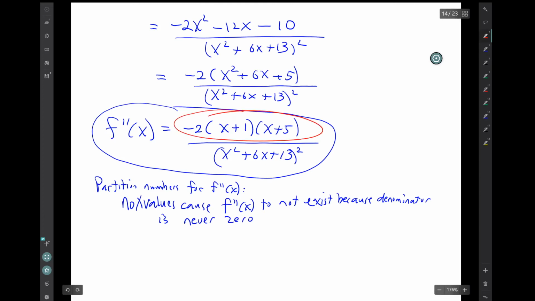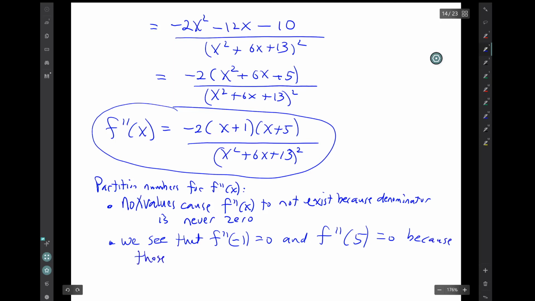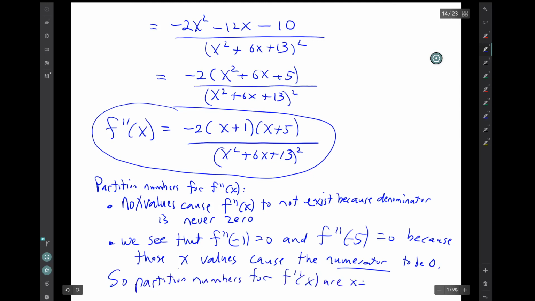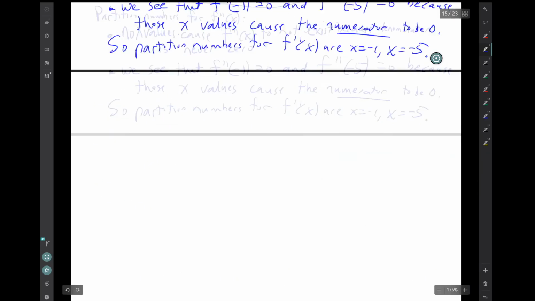Those will cause f double prime to be 0. So the partition numbers for f double prime are x equals negative 1 and x equals negative 5. So let's make a sign chart for f double prime.